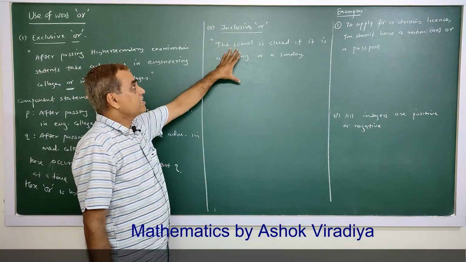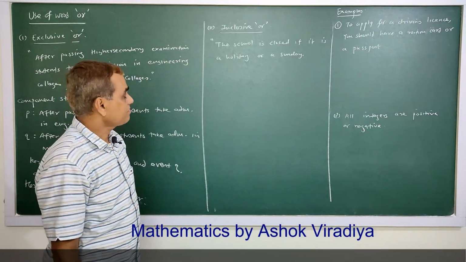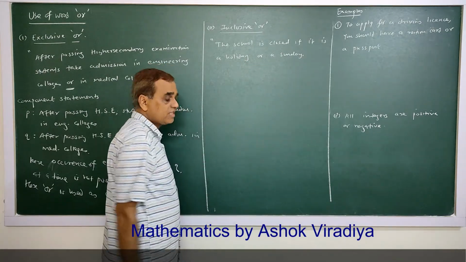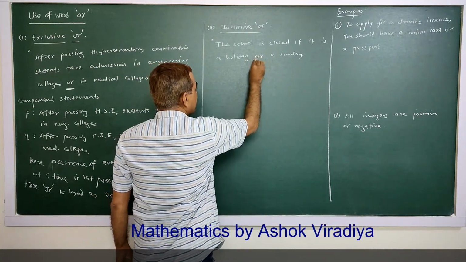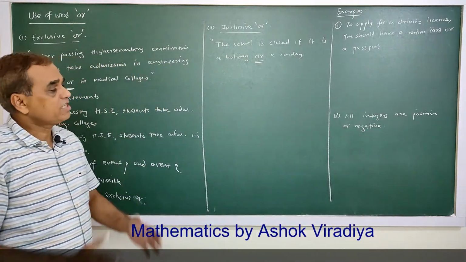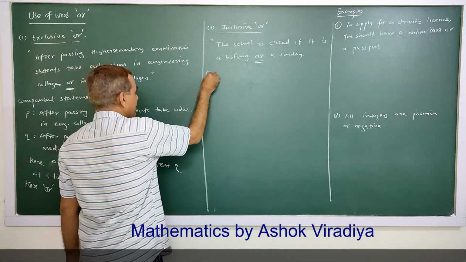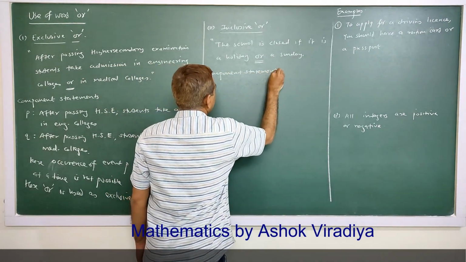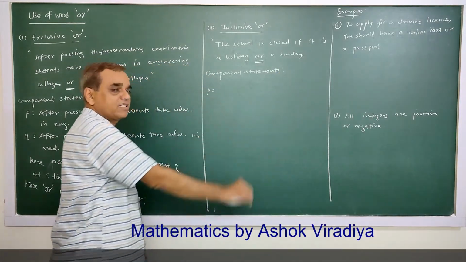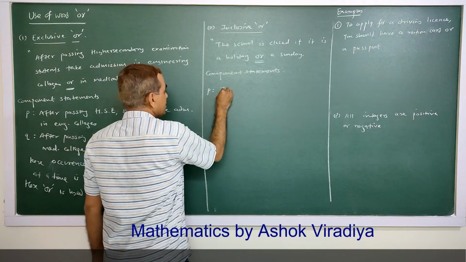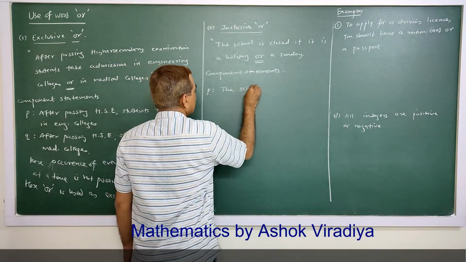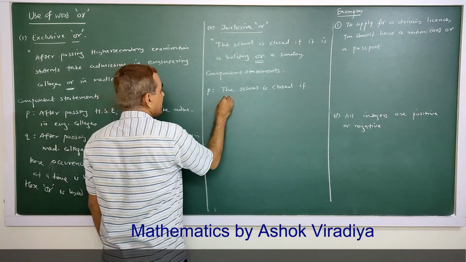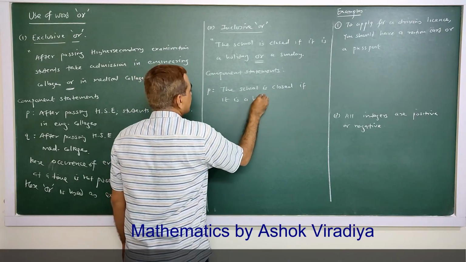Say in this example, what does inclusive OR mean? School is closed if it is a holiday or a Sunday. Here OR is used as a connective. It separates the two component statements. So here I am putting the component statements. Let me say the first statement P is the school is closed if it is a holiday.